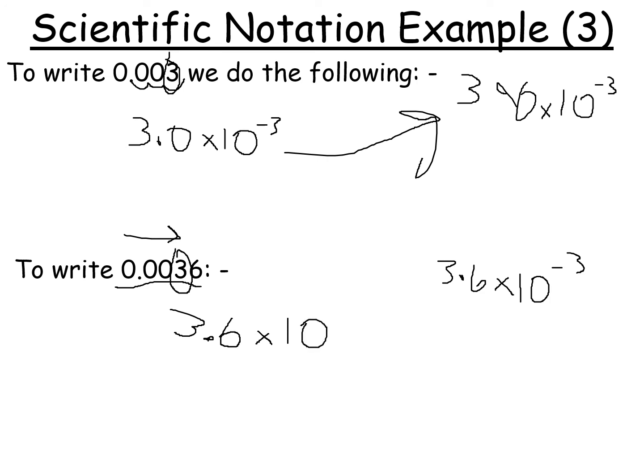Now, how far did the decimal place move? So let's count it again. We went 1, 2, and 3, because remember it's after the number 3. So we write 3 down there and then put a negative to show that it's actually less than 0. And you can see that's how we got our number there. Okay?